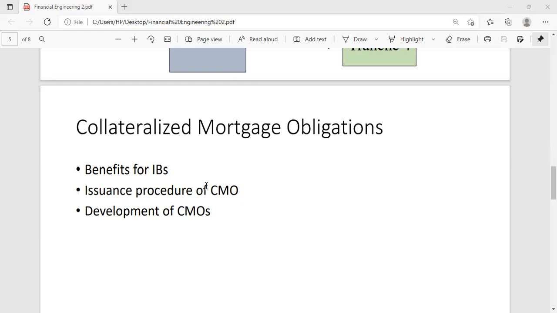Those who cannot take advantage of efficiency can sell their small mortgages to other institutions who can take advantage of volume and market, and of economies of scale as well. So what happens here is that some of the mortgagees, those who are pretty small, cannot take advantage of this securitization process.